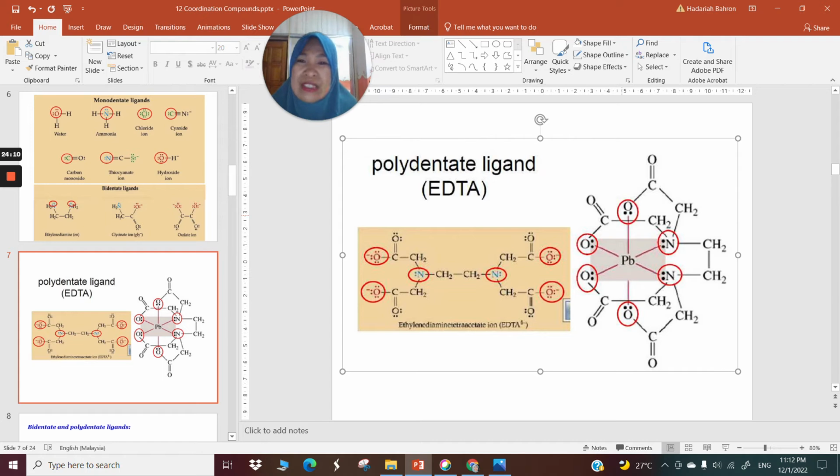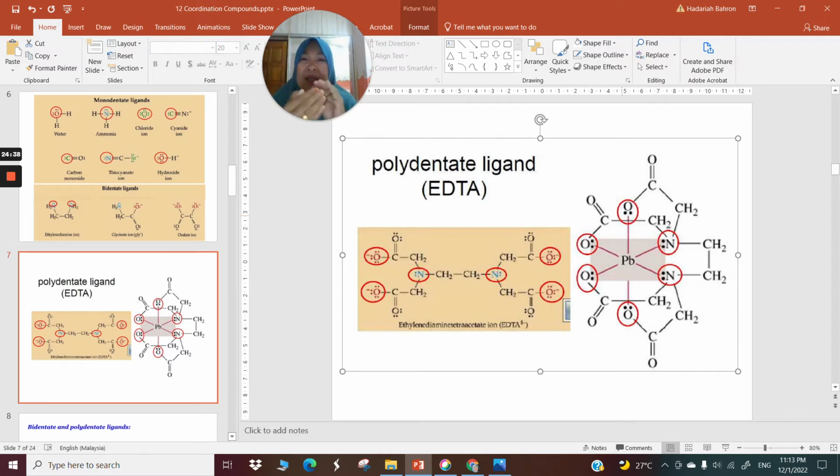Another use of EDTA is as a preservative or additive in your shampoo, because putting EDTA in shampoo or in soap will remove any free radicals, any trace of metal cations that will promote your soap getting bad or getting rancid or getting oxidized.